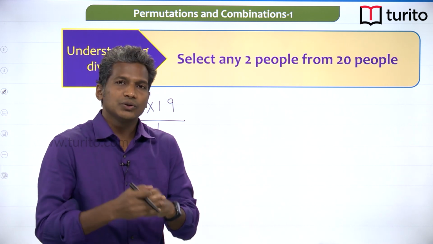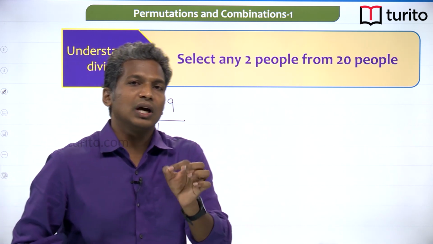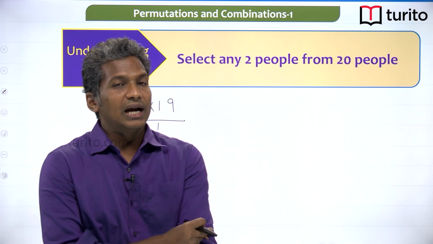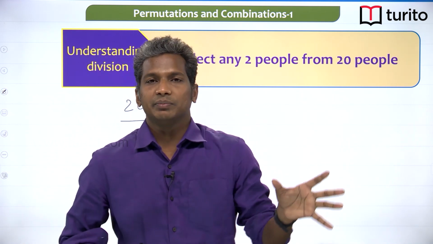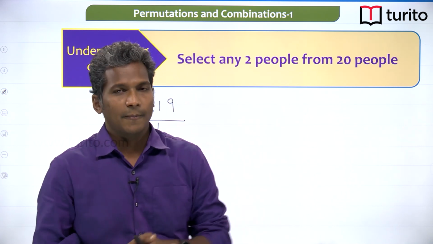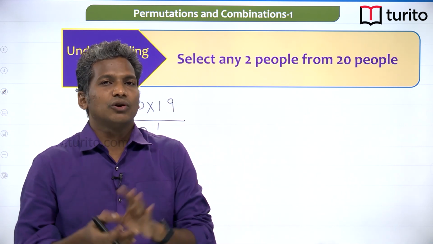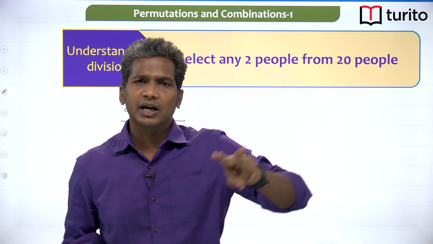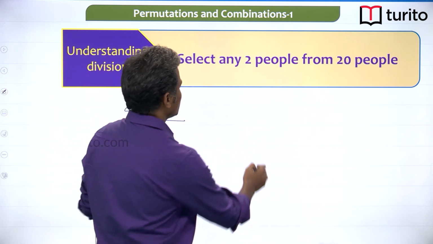Now, let me recall the earlier statement that I gave. Earlier I said when there are 10 people, maximum arrangements possible are 10 factorial, remember. Now, let us say the question is somewhat like this. There are 20 people, there are 2 seats.